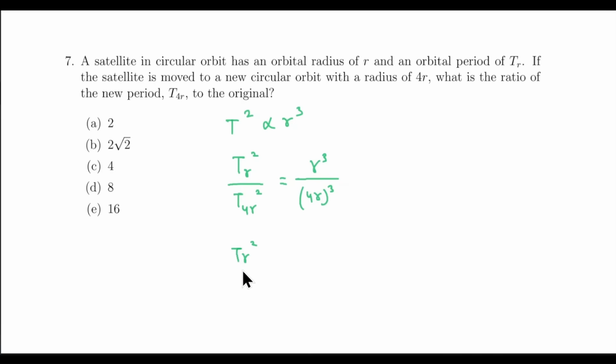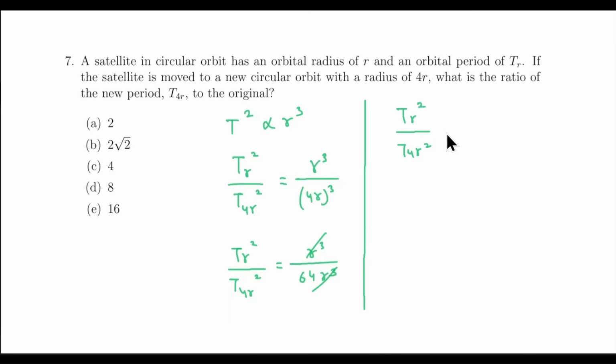So Tr squared over T4r squared will be r cubed over 64r cubed. These two are gone, so I'm left with Tr squared over T4r squared is 1 over 64.